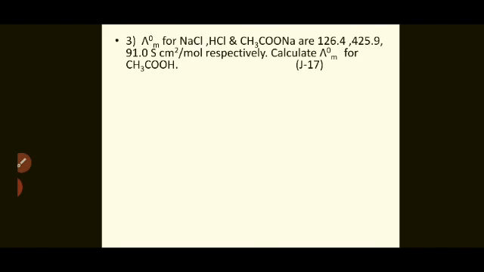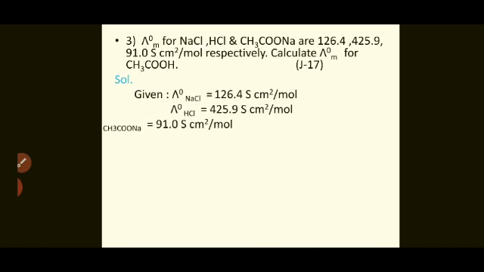Now what is meant by lambda naught M? That is limiting molar conductivity. So whenever the words limiting molar conductivity come, we have to apply Kohlrausch law. Now before application of Kohlrausch law, we should write whatever is given. So first write down the values which are given one by one, because the word used is respectively.